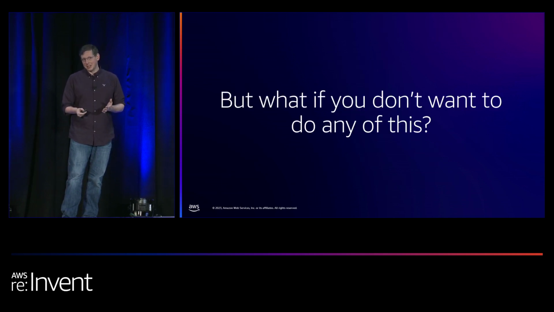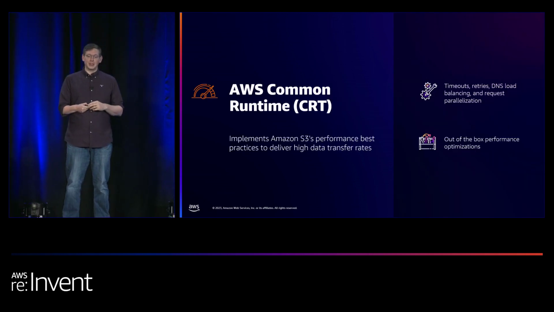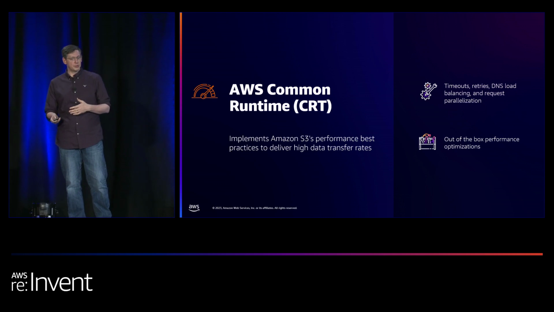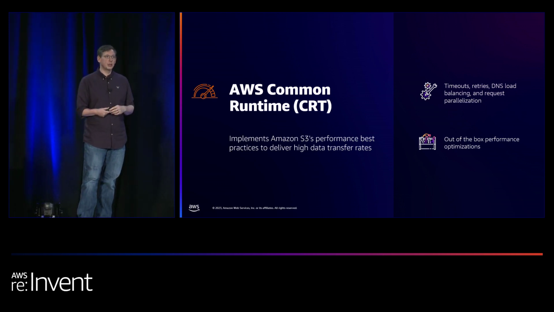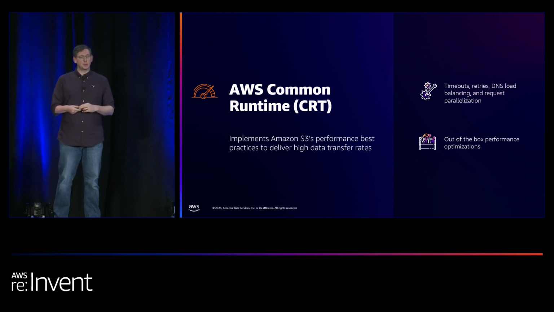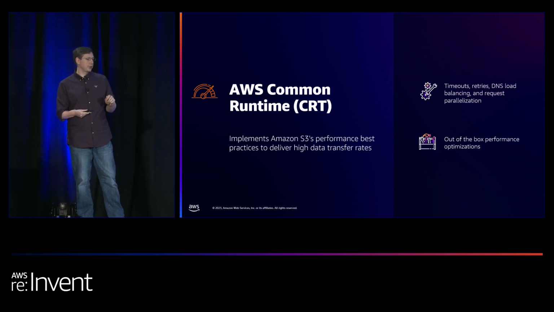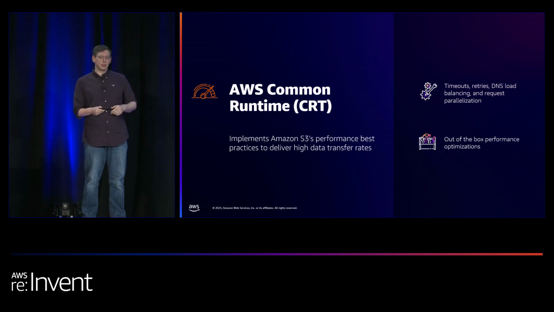But frankly, I would rather spend my time building my application. And thankfully, we've built all of the best practices that we've just talked about and more into the AWS Common Runtime, or CRT. The CRT is a set of native libraries that optionally underpin many of the AWS SDKs, client connectors, and tools, and it provides, out of the box, all of these throughput and latency improvements.